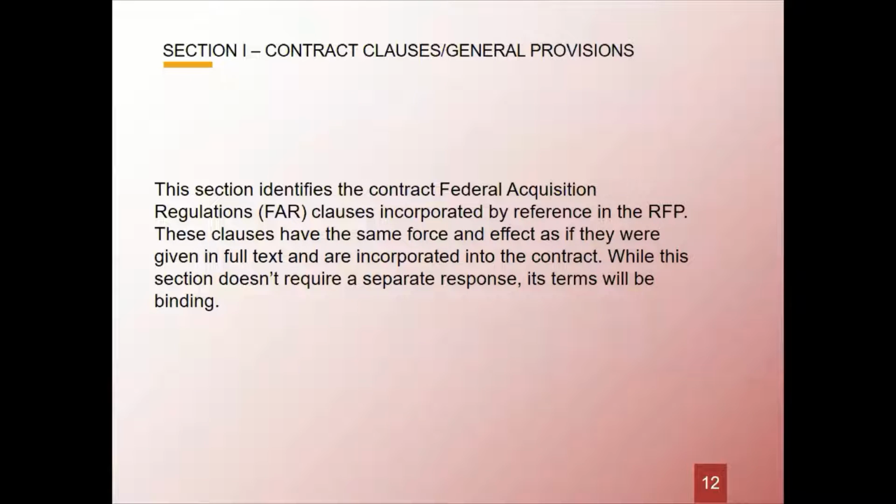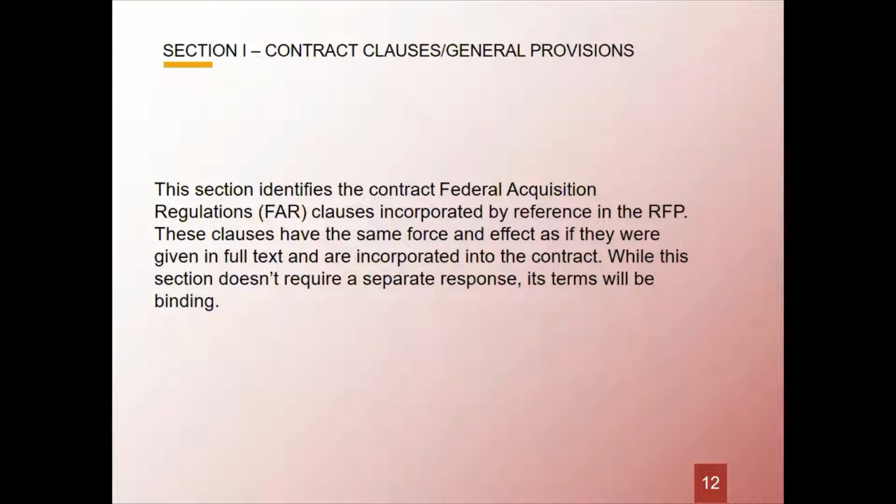So here we are talking about the federal aspect when we talk about the FAR. And the FAR is the government's Bible as it relates to government contracting. This section identifies the particular clauses.